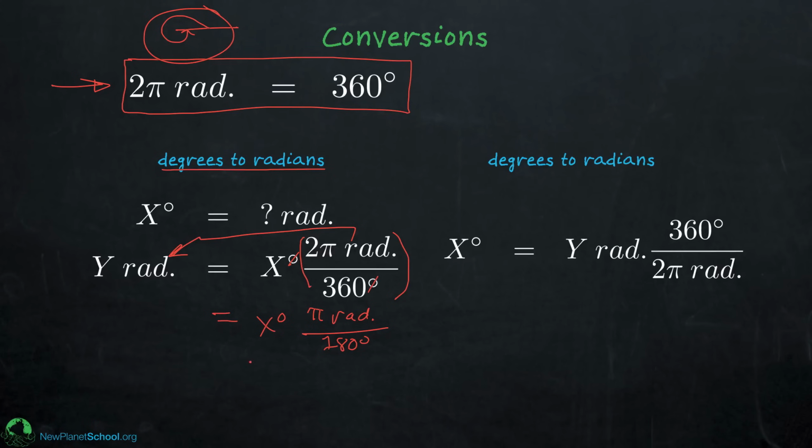So the other thing you can do is if you forget this formula, you can always figure out whether you have the right answer in the following way. I have y radians is x degrees times 2 pi radians over 360. So what I can do is say, well, what if I went all the way around?